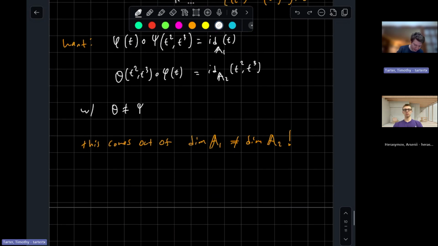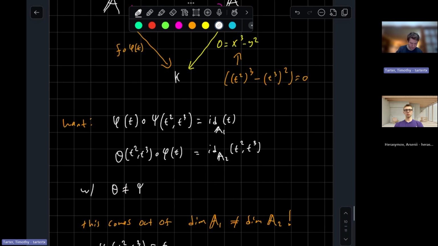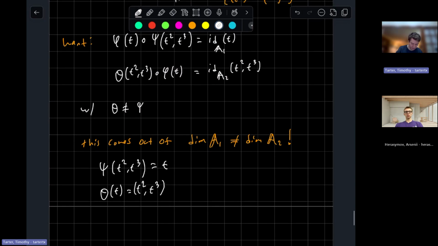Psi has to send something back to t. So psi of (t squared, t cubed) is equal to t, right? And then theta of t is equal to (t squared, t cubed), right?